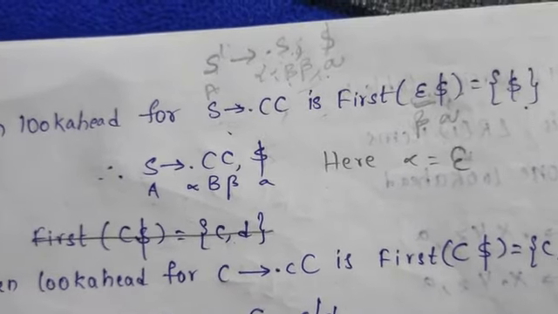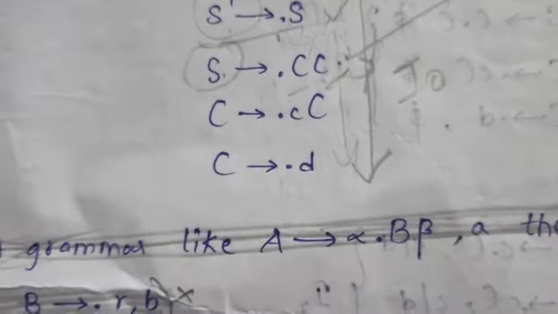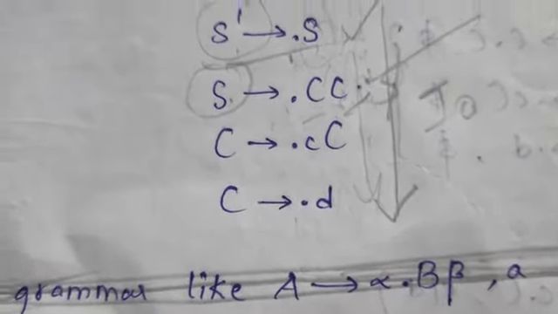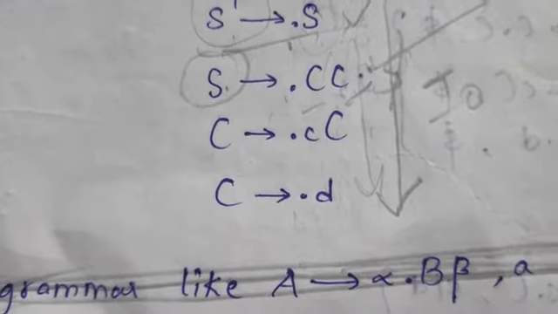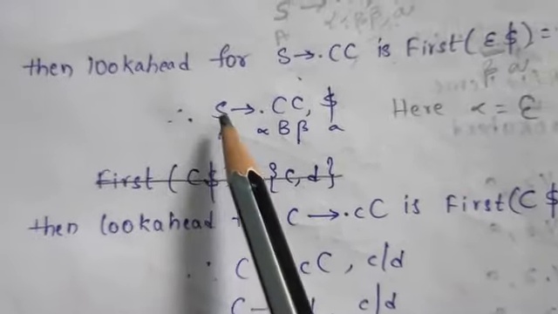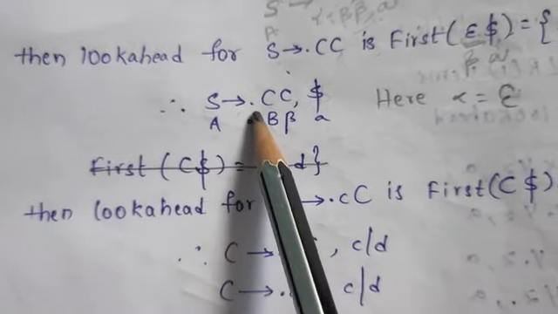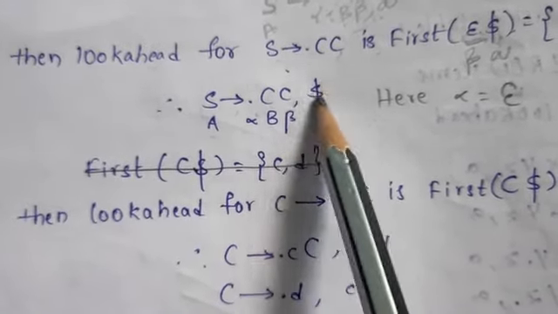Again we have two more productions, those are nothing but C tends to small c capital C, and capital C tends to D. For these two productions we need to find the lookahead by the same procedure. Right now we know one more production, S tends to dot capital C has dollar.